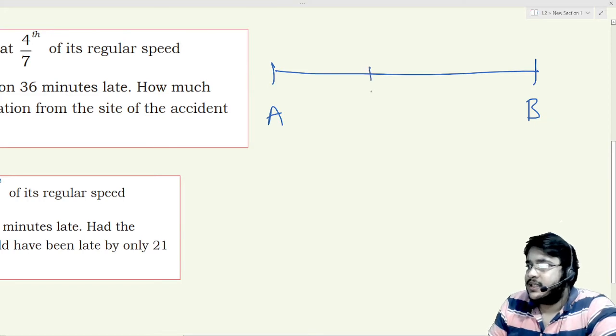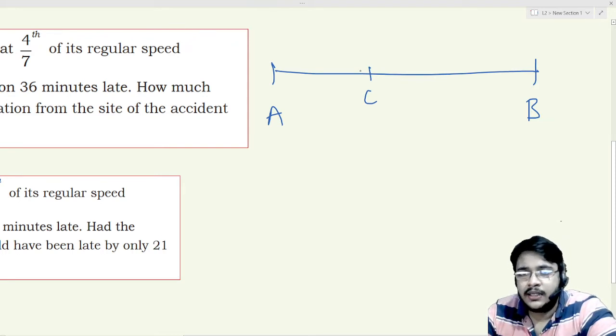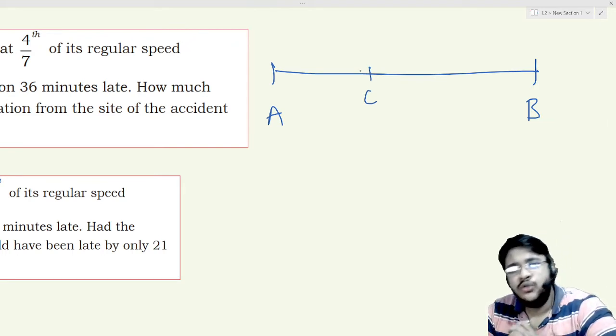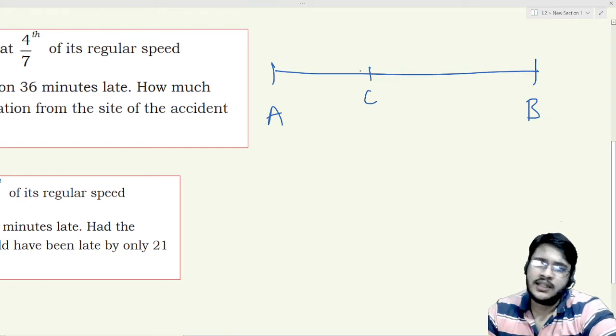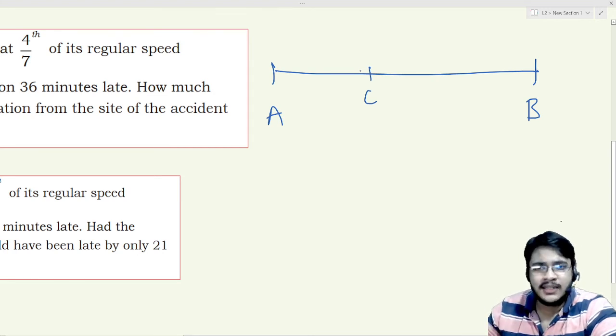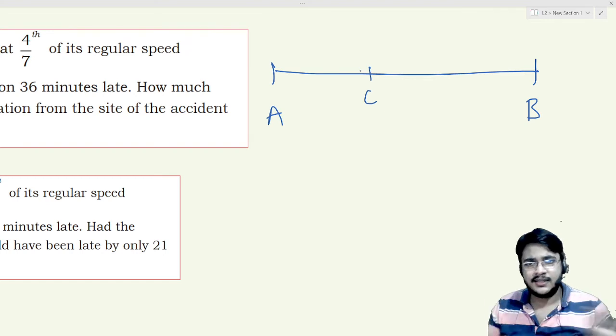Suppose at C, that thing happened wherein my speed gets reduced to 4/7 of my initial speed. I will not go into too much detail explaining that. Let's take x as the initial speed, and then the final speed will be 4x upon 7. To eliminate the denominator, we will take 7x and 4x as the speeds.